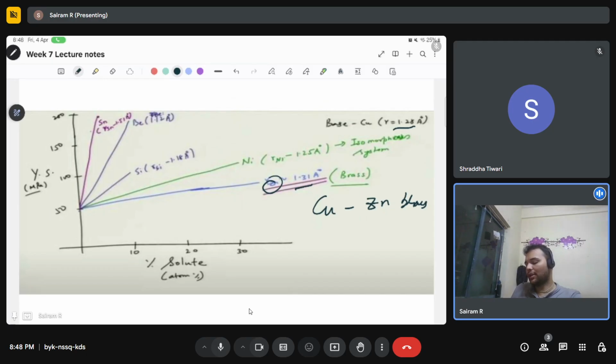For my yield strength to be able to reach 100 MPa for my copper zinc or copper nickel alloys, I'll have to add a lot of alloying elements. So almost 20 to 30% of solute atoms would need to be added for me to be able to increase my yield strength.